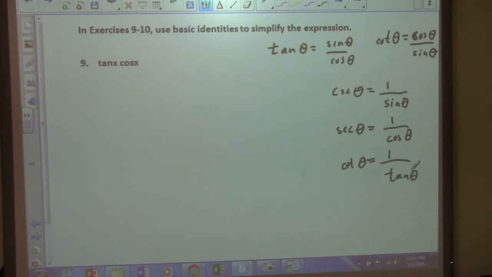Basically, the main strategy on these is, if you see tangent x, use the reciprocal identity there and turn things into sine and cosine, and then simplify from there for the most part.